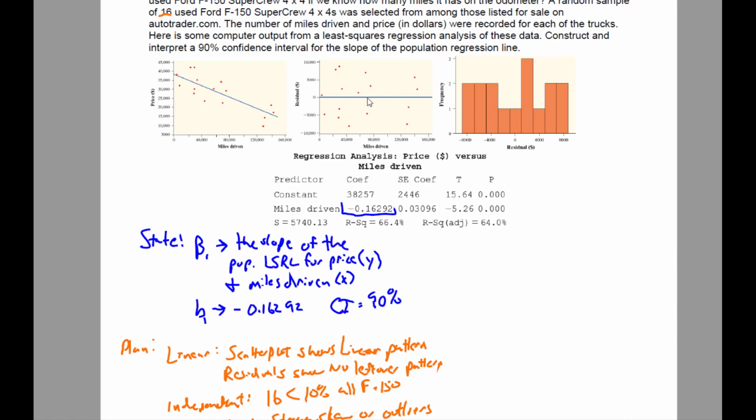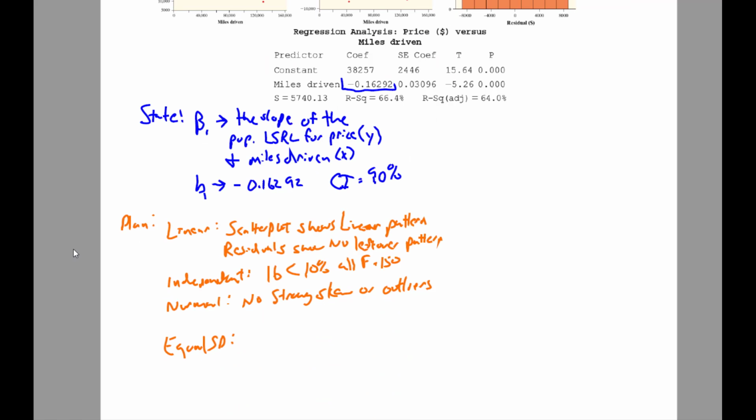So again, 0 is that blue line right in the middle, and we're looking to see if it's a fairly equal setup for the standard deviation from that, in which case, because they're all scattered, therefore it is good, right? It's about the same for all the x's. Okay, so all we're going to say is the scatter of residuals around 0 is about the same for all x's.